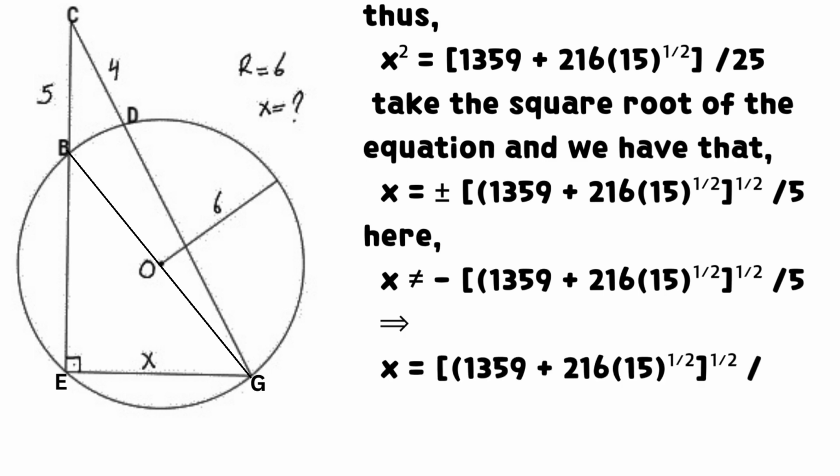Ignore the negative result as length cannot have a negative value. It implies that x equals the square root of the sum of 1359 and the product of 216 and the square root of 15, all divided by 5.